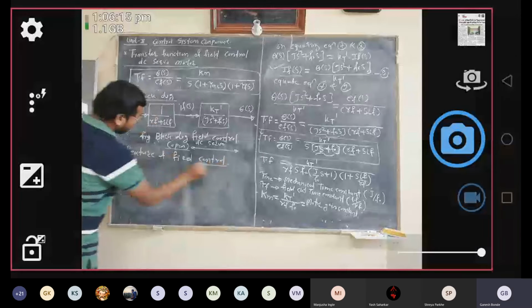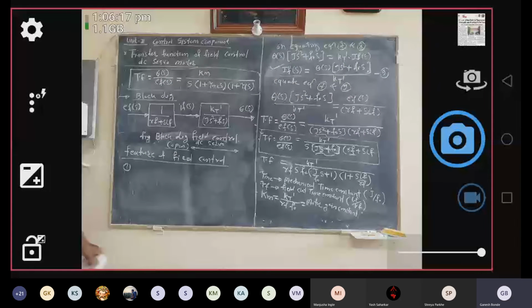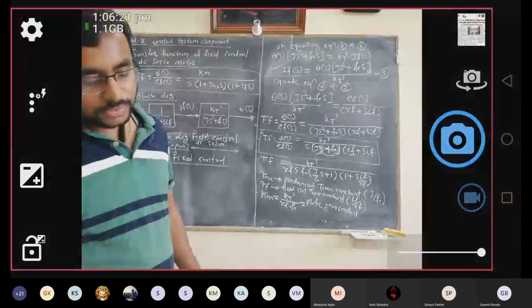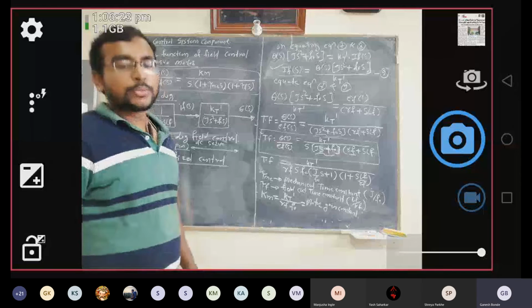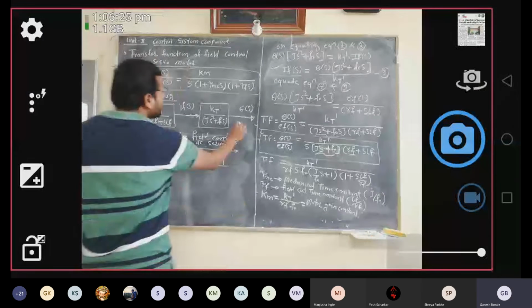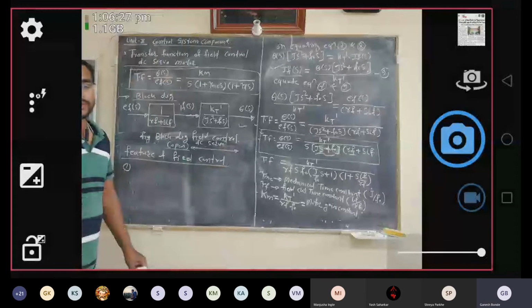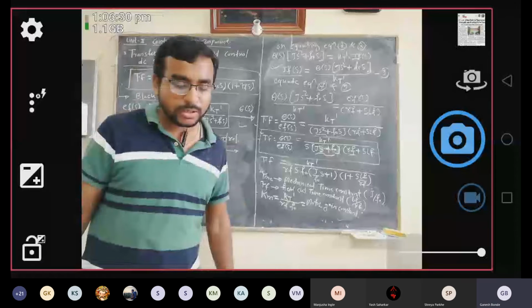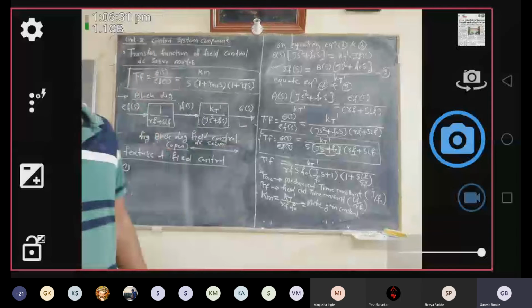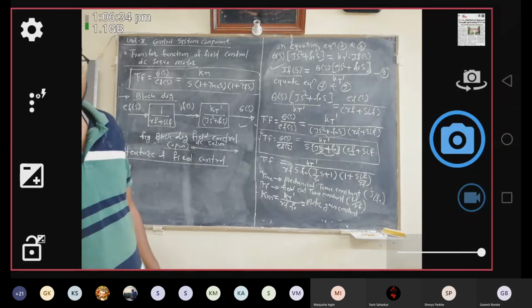Write down feature number 1. तो कौन सा फीचर मिला आपको? It is an open loop system from the block diagram. So features of field control motor में आप लिख सकते हो, it is an open loop control system.